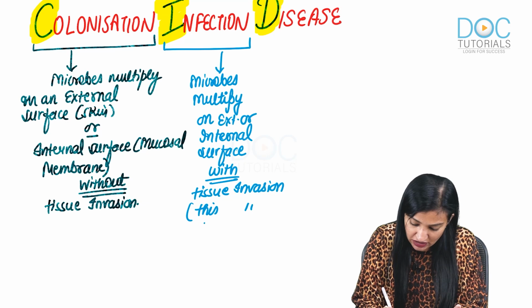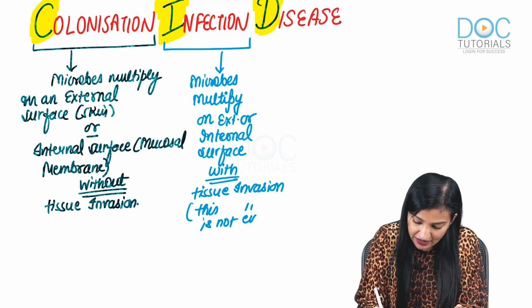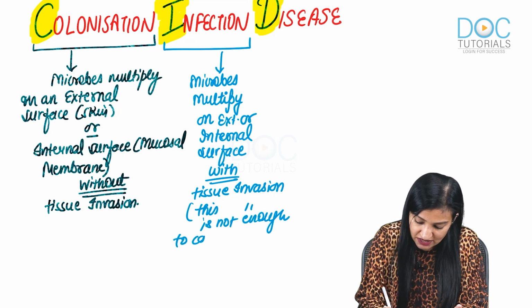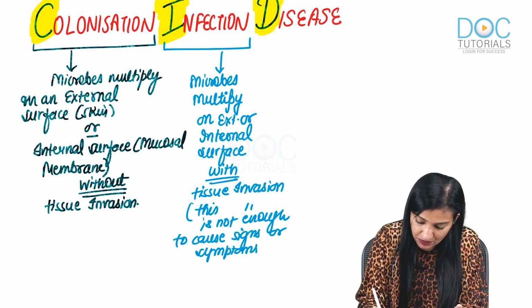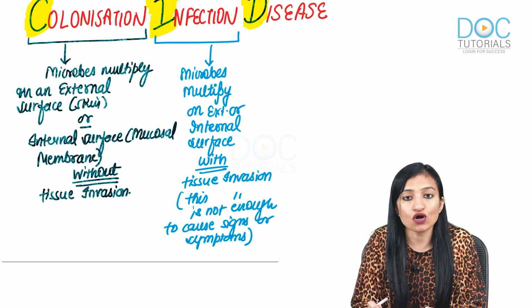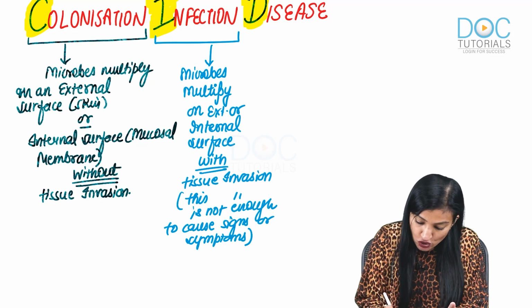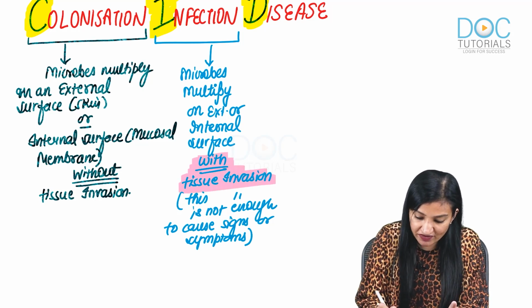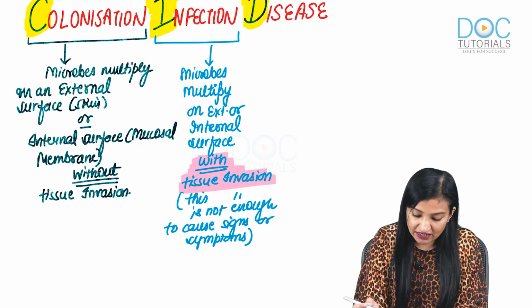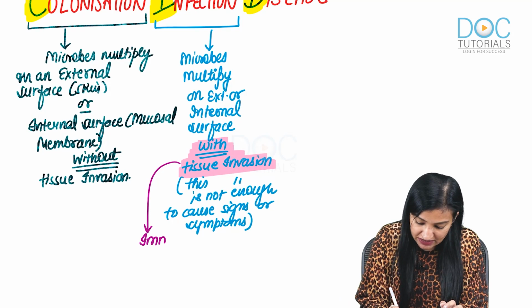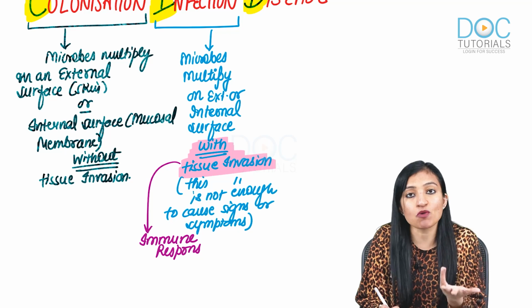The person is asymptomatic. But because tissue invasion is happening, we expect an immune response in the form of antibodies or immunologically competent cells.